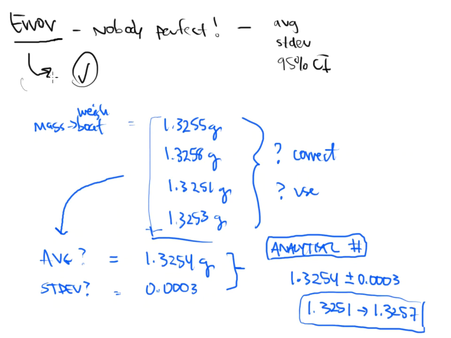But I've got to do repeat measurements, right? I've got to do them over and over and over in order to obtain this data. This would be the analytical number. This standard deviation represents the error that's associated with that analytical number.